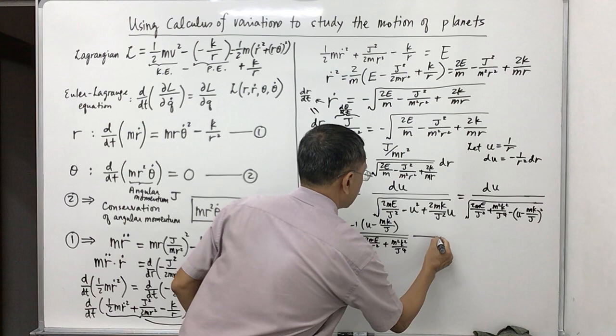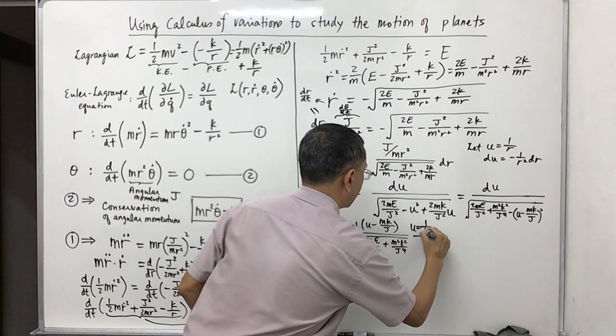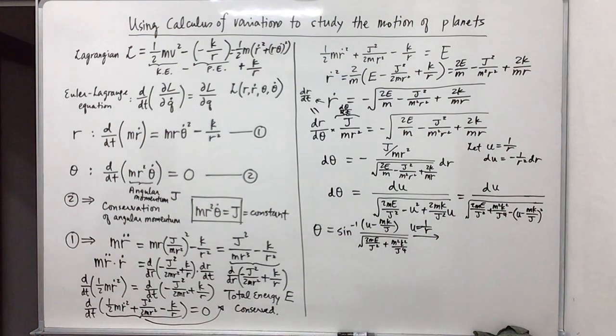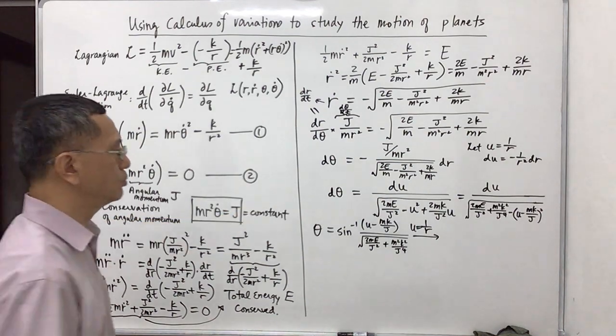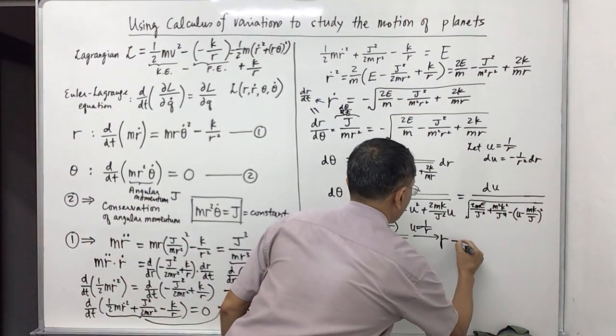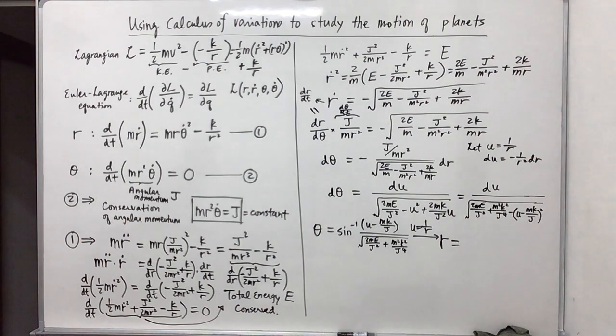Remember that u is equal to 1 over r, therefore r is 1 over u. Take sine on both sides, and you should be able to get a final expression for r in terms of theta this way. Right? I'm just going to give you the answer.